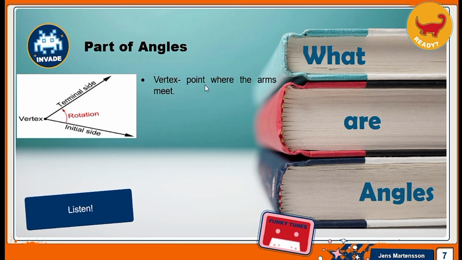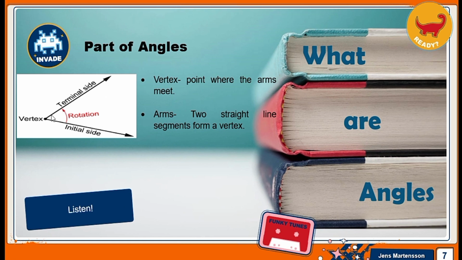So we have here the definition. The vertex is the point where the arms meet. This is called the arms, or the sides. When the sides or the arms meet, they form a vertex. The definition of arms: two straight line segments form a vertex.